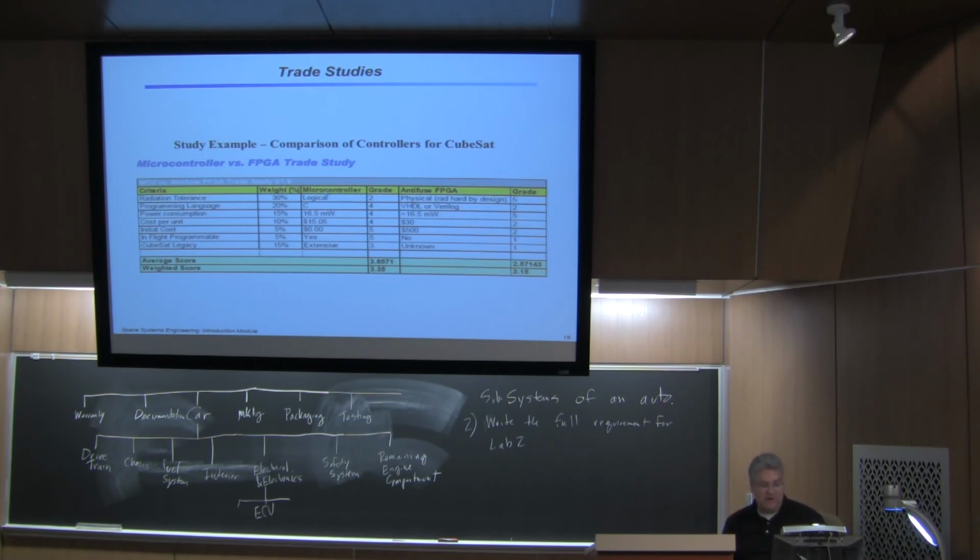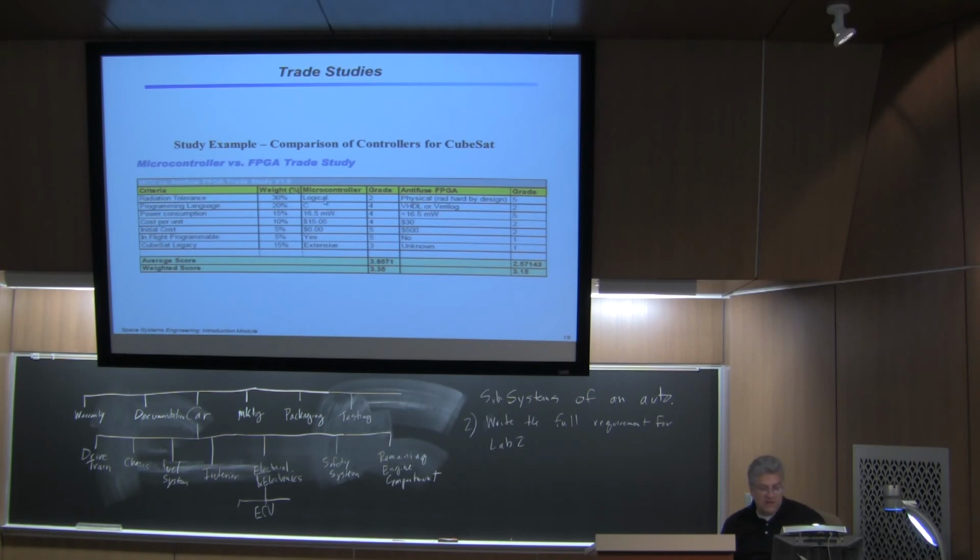So here you go, microcontroller versus using an FPGA. So what wins? Look at this. With the weighted average, the microcontroller won, because of the weight they gave to radiation tolerance.